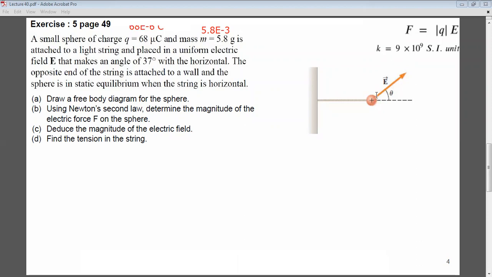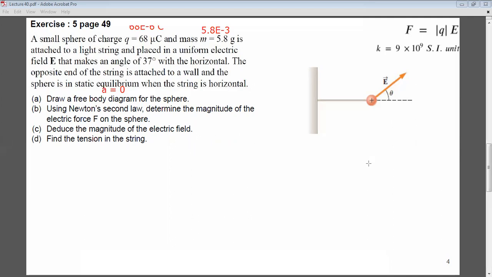So this is the electric field on a charge Q. The opposite end of the string is attached to a wall and the sphere is in static equilibrium. So it's in equilibrium, which means acceleration is equal to 0 when the string is horizontal. Draw a free body diagram of the sphere.